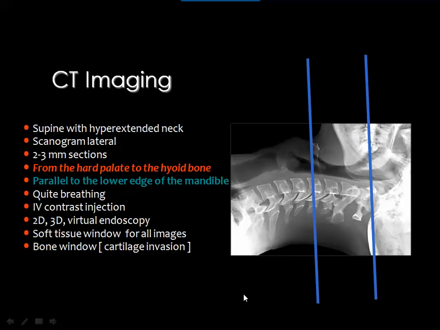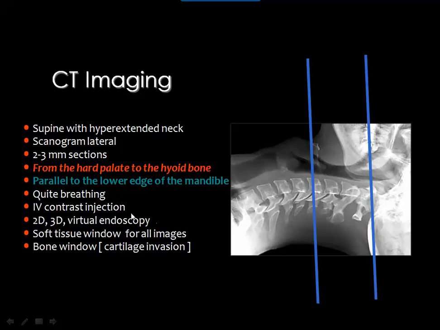Then we do not instruct the patient about respiration or swallowing, and we usually need to inject the patient with intravenous contrast media. Also in this area, the 2D reconstructed images are valuable in demonstrating the pathology, but the 3D images are usually of little significance here.